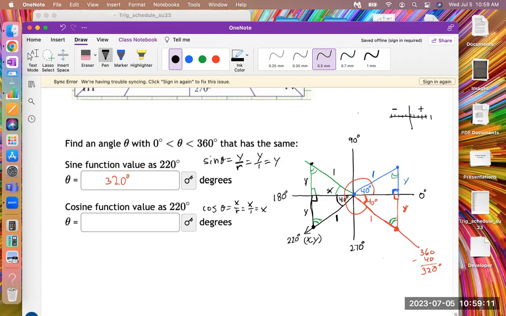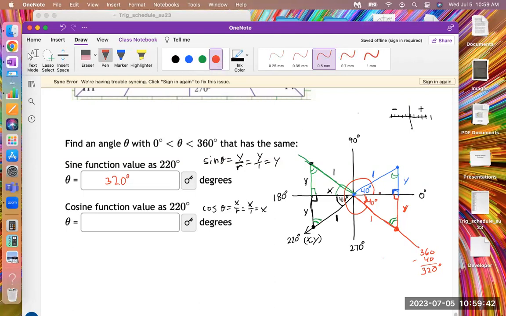So, of course, you're looking at this green triangle. This green triangle is going to also have a negative x value. So right here. So we need to measure this green terminal side from 0 degrees, because that's how we would measure it from standard position.